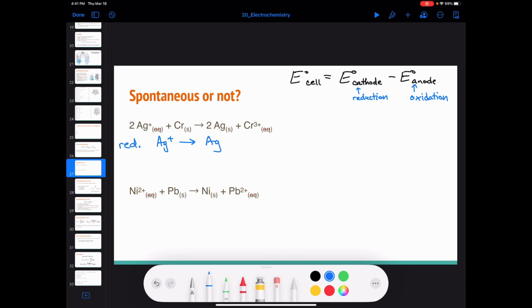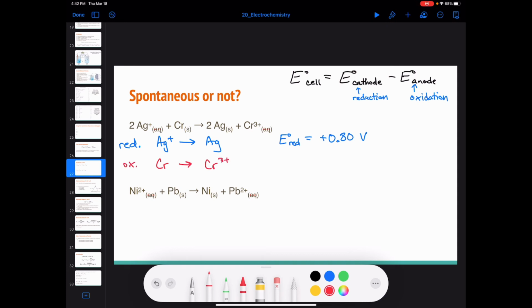Okay, so what I would do is I would go ahead and look at this on my chart, right? And I'd find out that the E naught reduction potential for this is equal to about positive 0.80 volts. Okay, now let's do the same thing for our oxidation. It's chromium turning into chromium 3+. And so this must be oxidation.